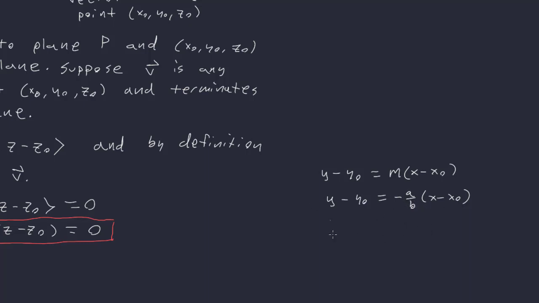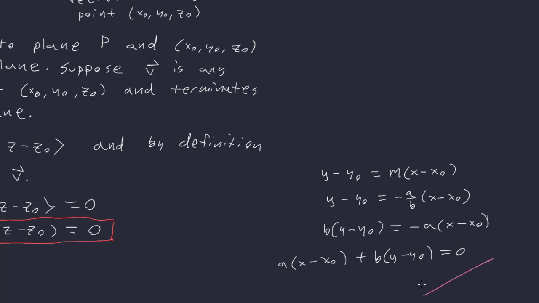Then if I multiply the b over, I would get b times y minus y naught is equal to negative a times x minus x naught. And if I were to move this over, we'd get a times x minus x naught plus b times y minus y naught is equal to 0. So this was the equation of a line.